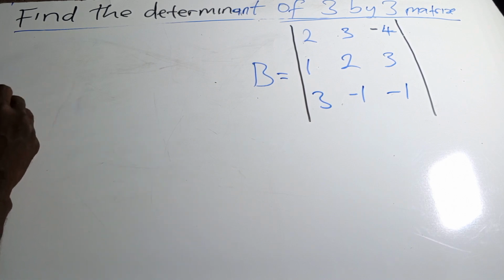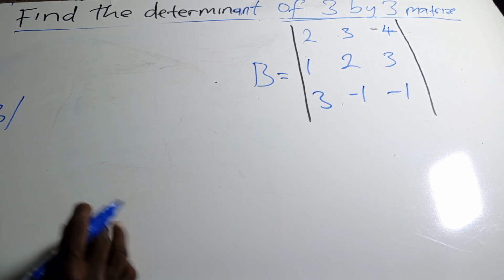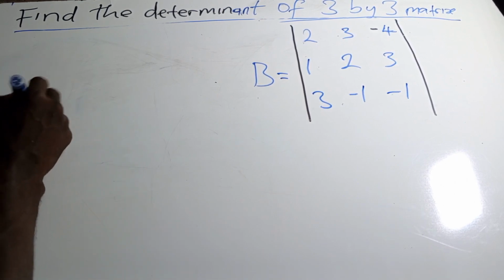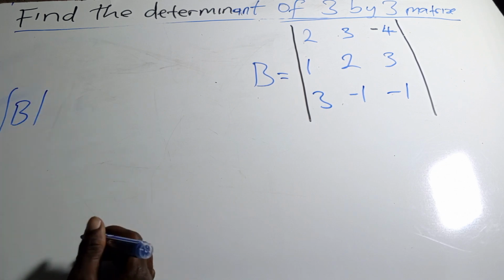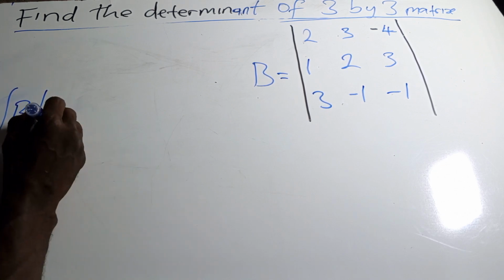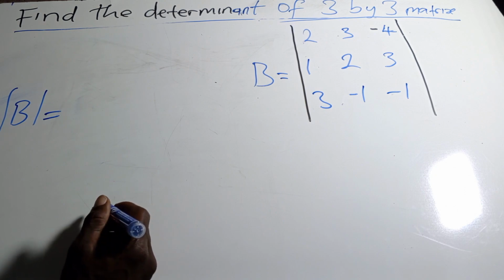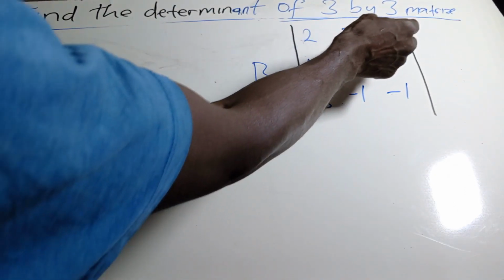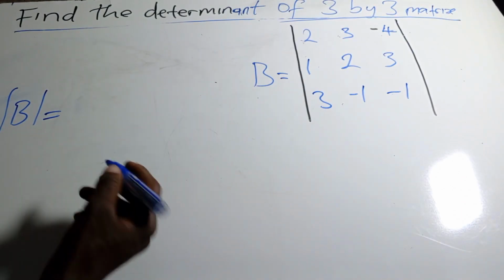If we take the determinant of V, the determinant of V is equal to, we're going to say this is plus 2, this is minus 3, this is plus 4.